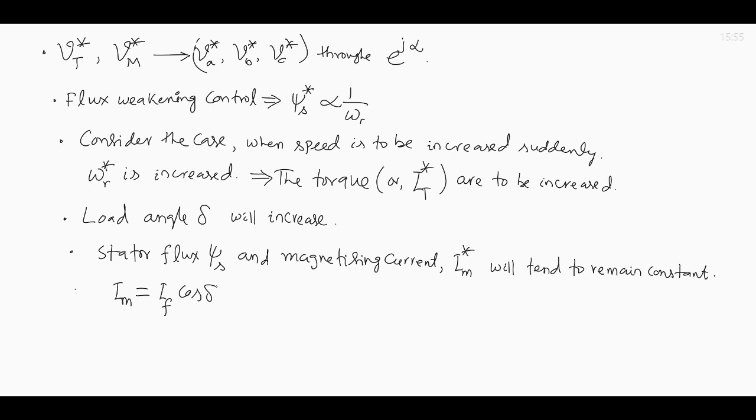So for that, the field current If has to be increased, so that Im remains constant, or the stator flux remains constant, even when the speed is to be increased in constant torque operation. But the field has a larger time constant, so the response is sluggish.